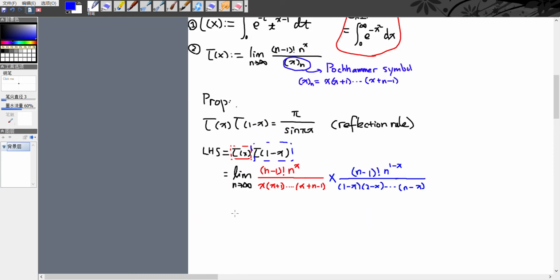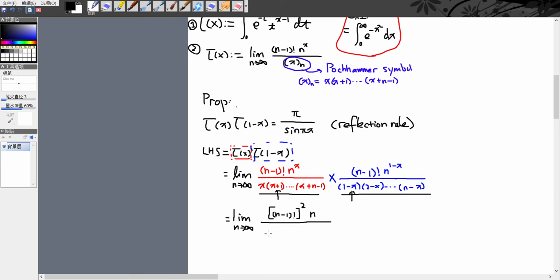Next, we merge those two things, and we will have the limit as n towards infinity of ((n minus 1) factorial) squared times n over, and we now merge every term by using the difference of squares formula.